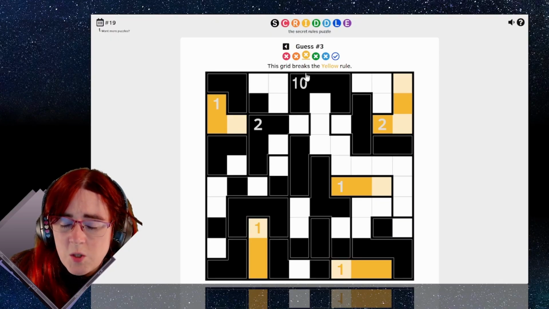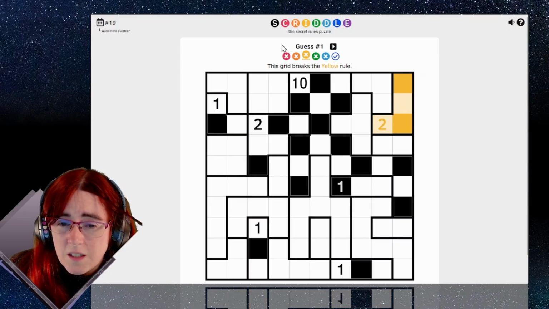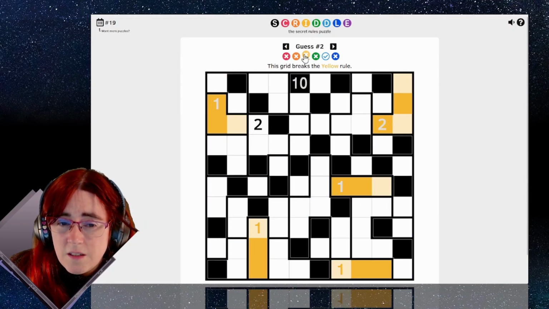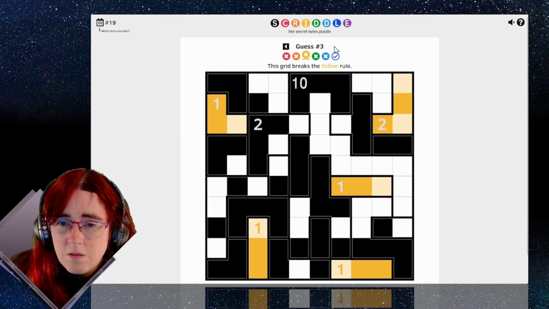Oh, maybe it's just that it must have a contiguous group of shaded cells of that size. Because this one has a single cell and it's in a group on its own. So maybe if we break these into 2 pieces, that would pass the yellow rule.